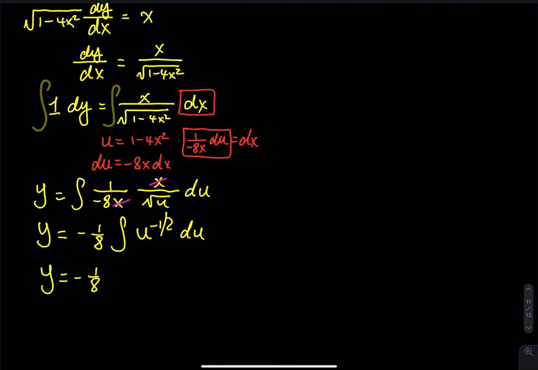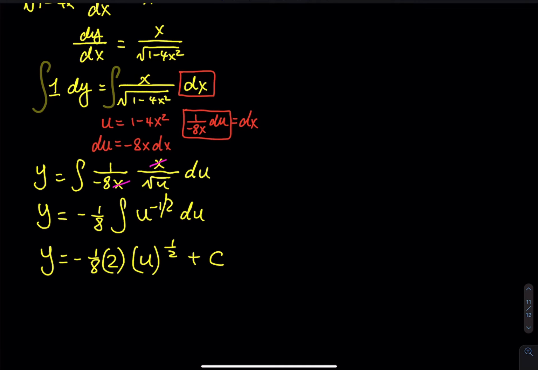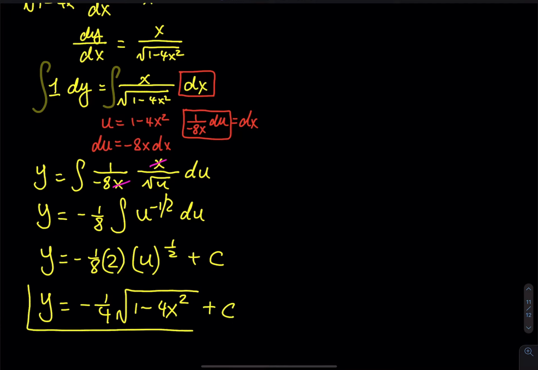The negative 1/2 plus 1 is positive 1/2, and then the reciprocal of that is 2, and then we add a c to it. And then we put the x back, so we have y equals negative 1 over 4 times 1 minus 4x squared to the 1/2 power, you can use the square root, and then add c to it. So this is done.